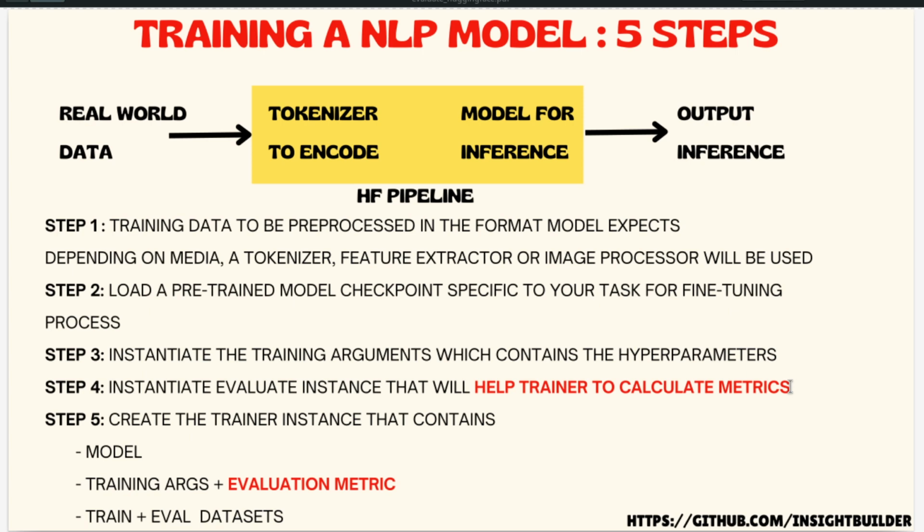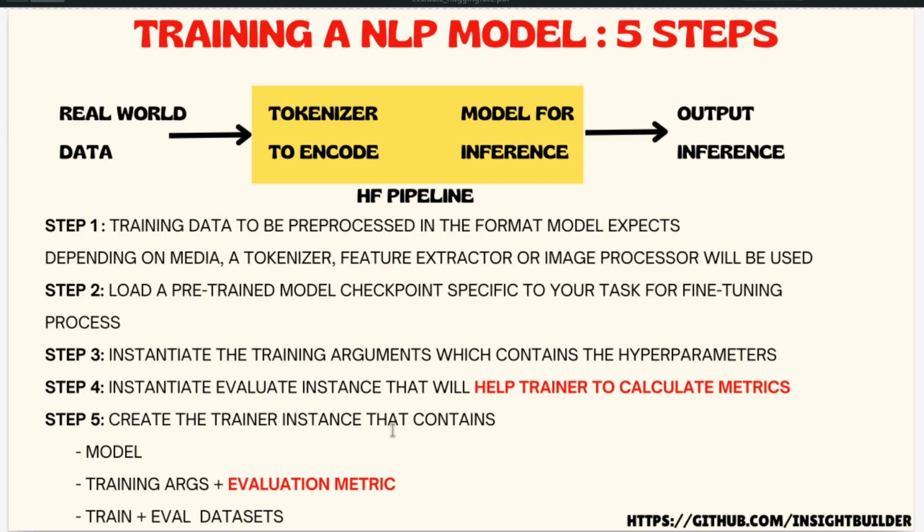And for that process of learning, the model has to continuously calculate the metrics also. That is where the Evaluate library comes into the picture. Once you create the trainer, you have to include the metric instances inside the trainer object. I'll be entering into the trainer object in the next video.